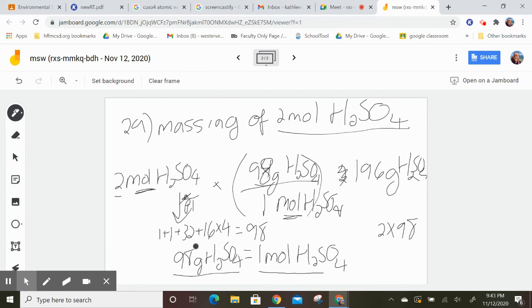So again, I just took this 98. I don't know why I wrote 94, but I took this 98 and put it right here. So overall, your answer for 29 is 2 times 98, because you have 2 moles of the substance that weighs 98.